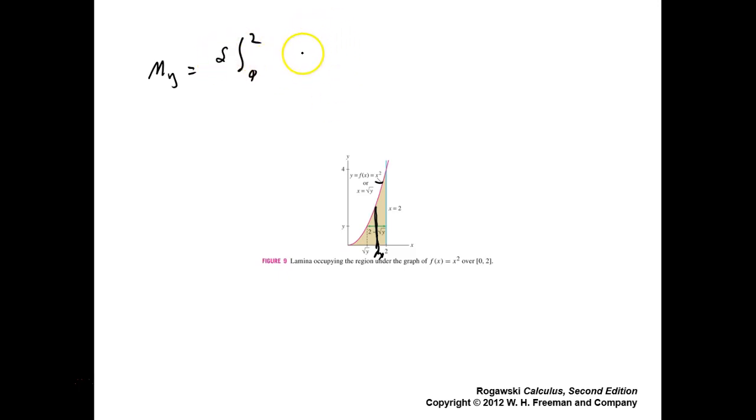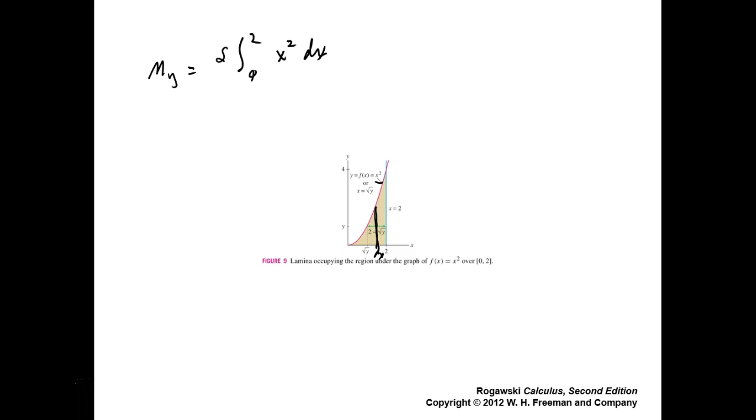What's your area? Length times width. The length will be your y, which is x squared, and your width is dx. So that's your area part.